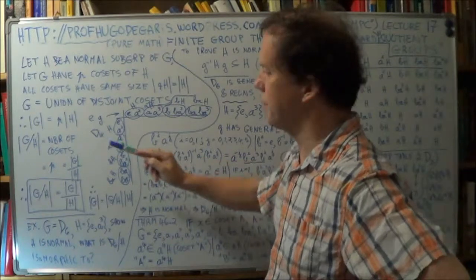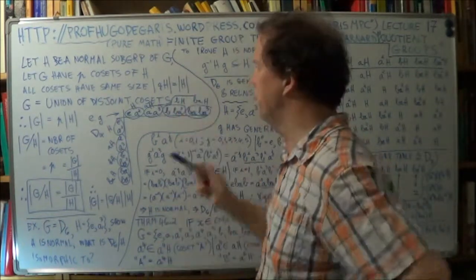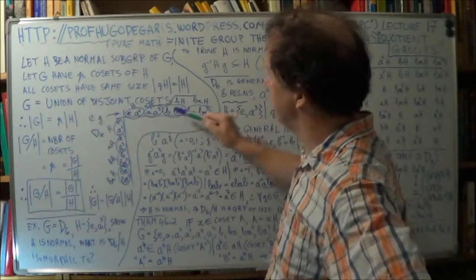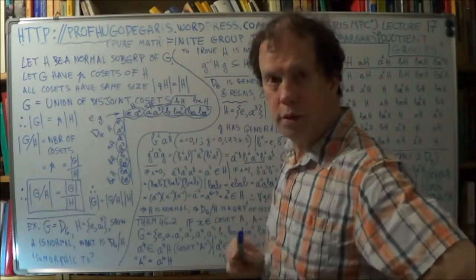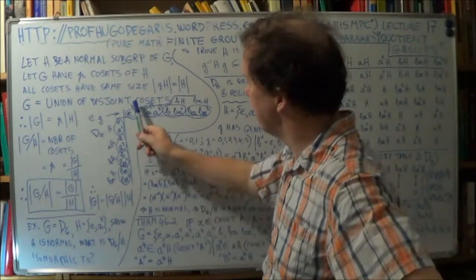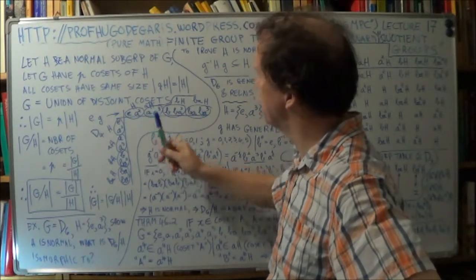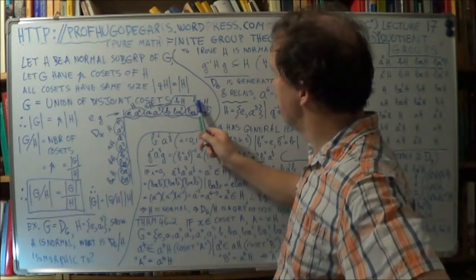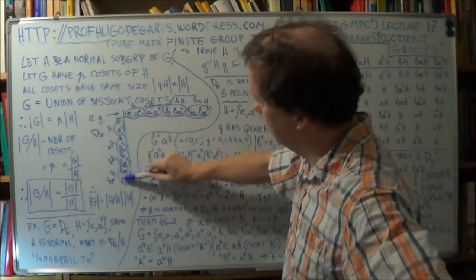D4 has generators A and B. Then you arrange your rows in cosets: H, AH, BH, and BAH, and similarly this way.